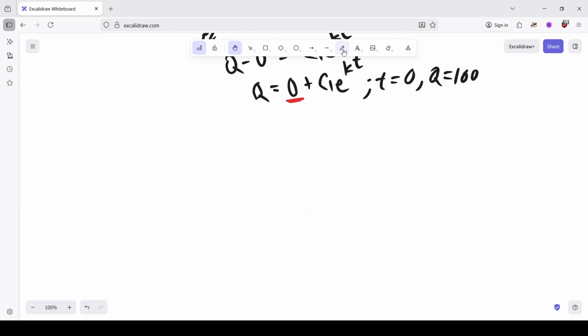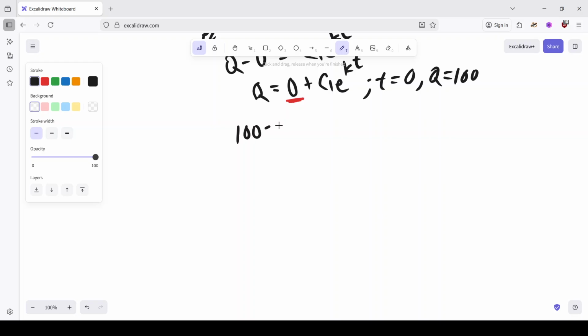So we will have 100 is equal to 0 plus C1 e raised to k times 0. e raised to 0 is 1. Then C1 is equal to 100 minus 0. So as you can see, C1 will always be the difference between the maximum or the initial temperature and the ambient temperature.